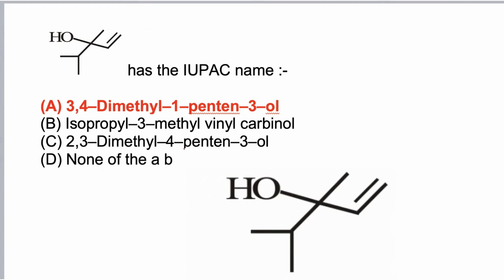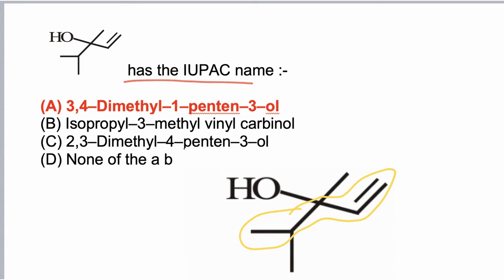In this question, we have to find the correct IUPAC name of the given structure. So first we have to select the principal chain. The principal chain should have both the multiple bond and the functional group. So this is the principal chain. Now numbering has to be done from that end from which the functional group is nearer.